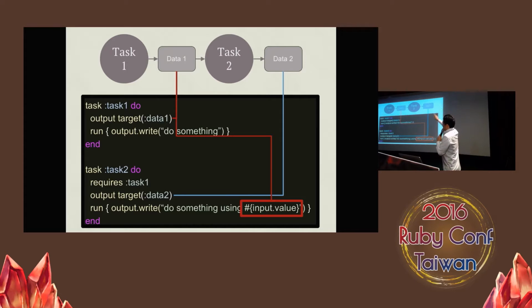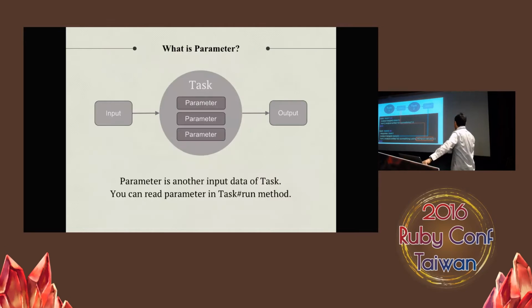So output target data 1 is generated by task 1, and in this case, task 2's input and task 1's output are the same instance. So you can share data between connected tasks by a task's output and another task's input data. Next I explain the last component, parameter.